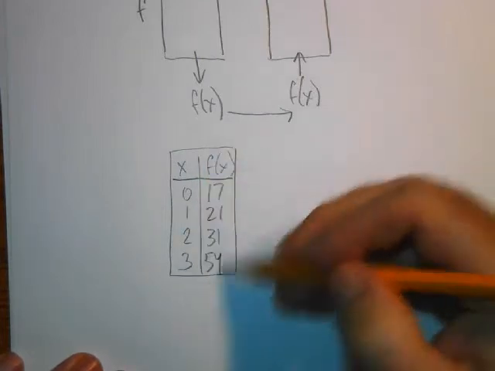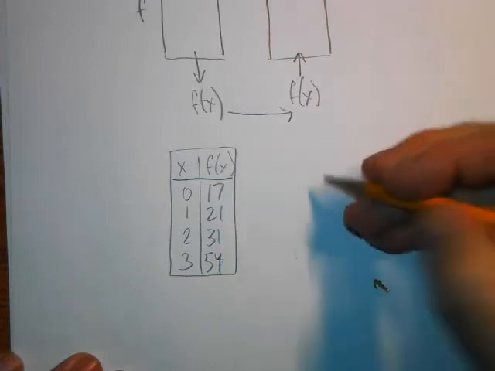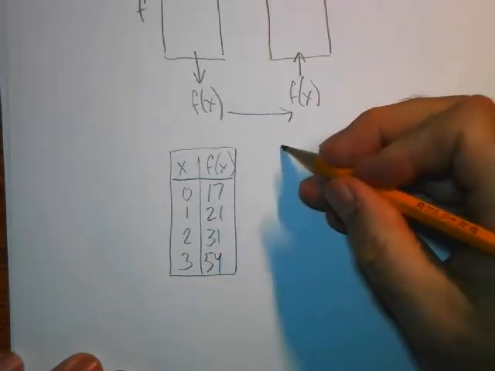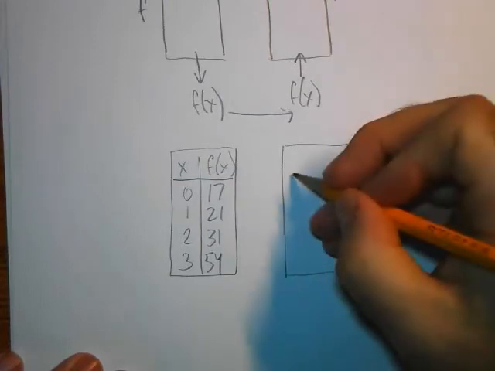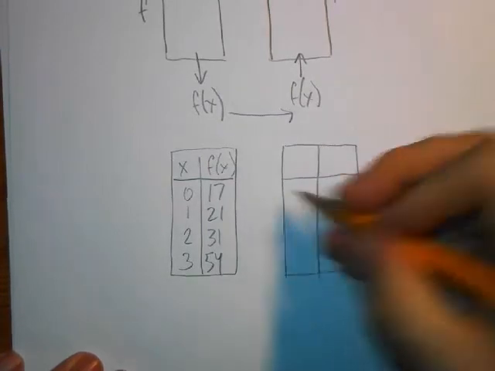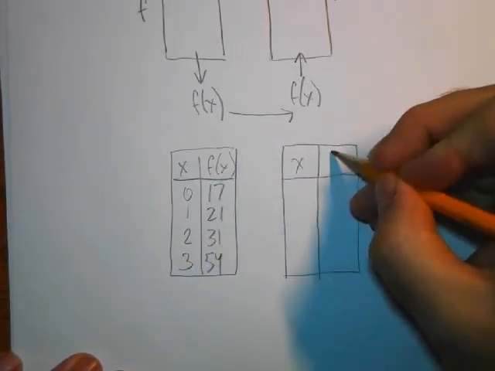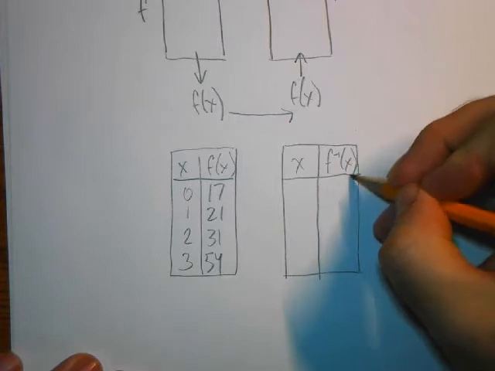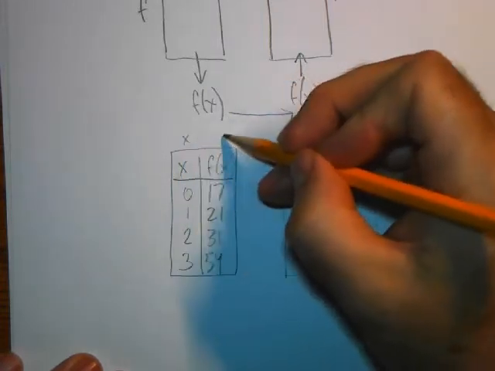So if that's the table of values for f, when you define the inverse, you have a table of values for f inverse of x. So if I had x here and f inverse of x here, what happens? These are like your x and y values, as always.